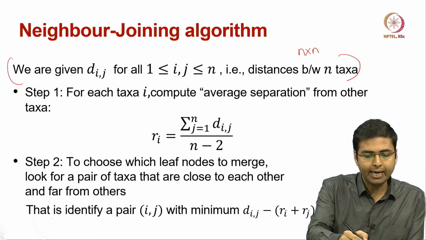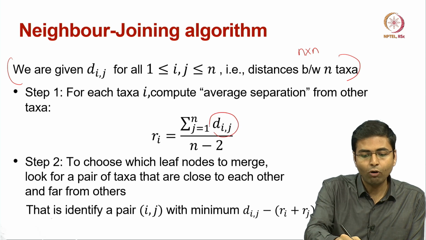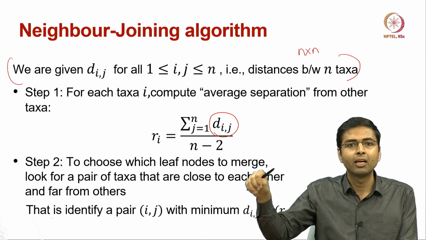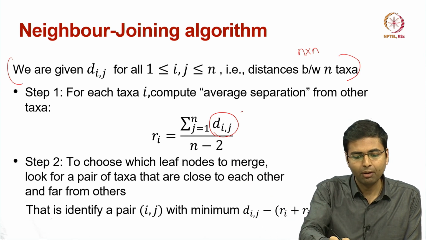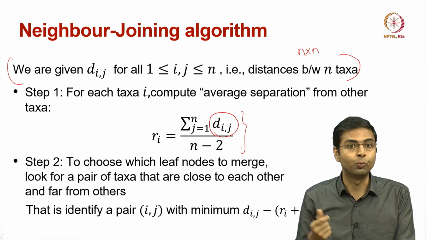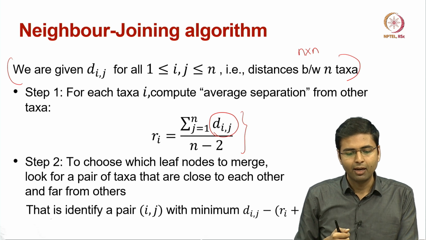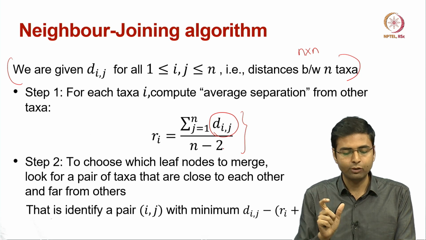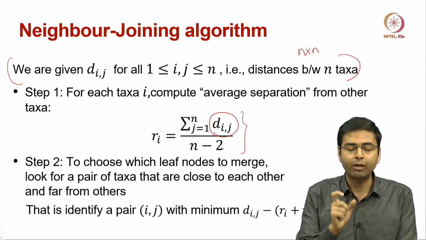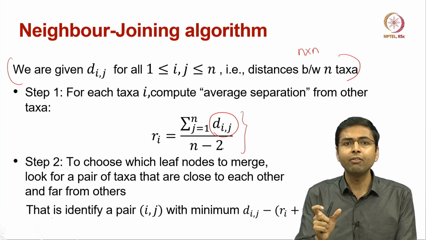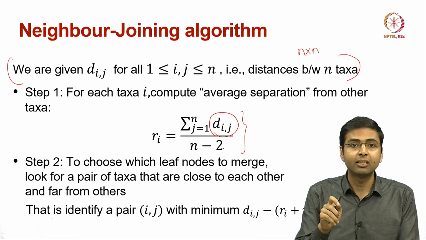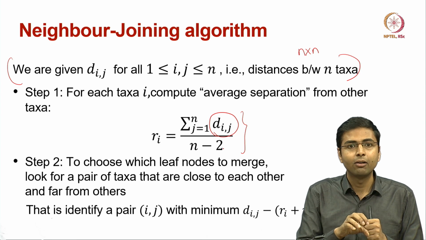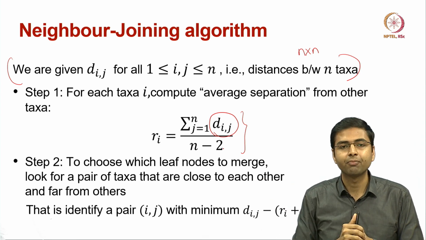For taxa i, that would be the summation of all the distances of i to all other leaf nodes, and I will compute the average by dividing it by n minus 2. Now, why exactly is this n minus 2? That detail is unfortunately outside the scope of this course. For that you will have to refer to the original paper, but intuitively you are calculating the average separation or average distance of taxa i from all the leaf nodes.